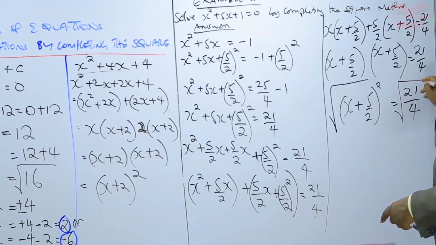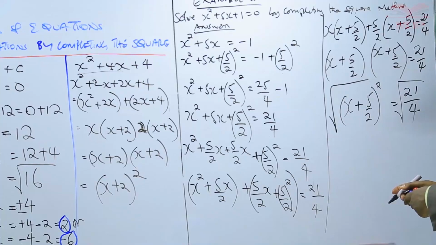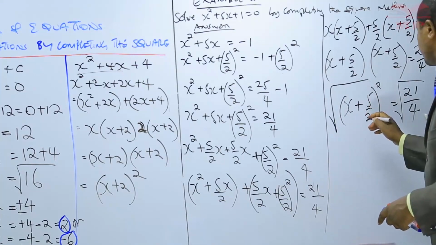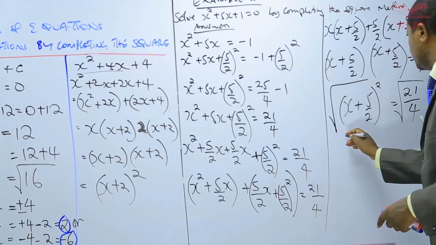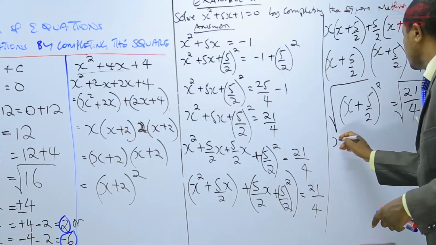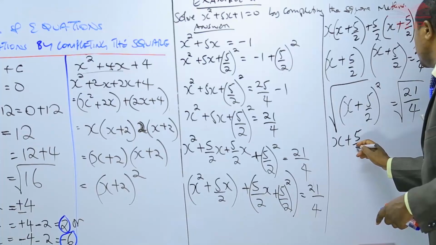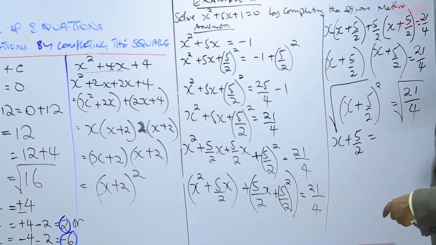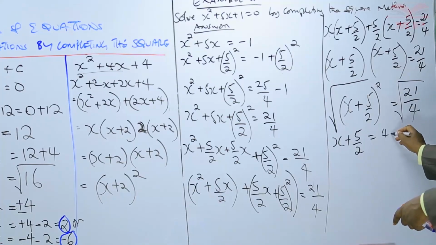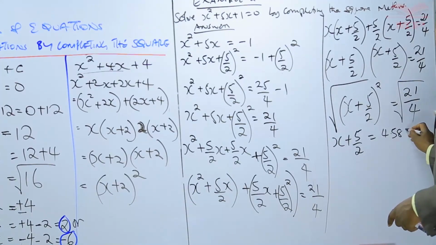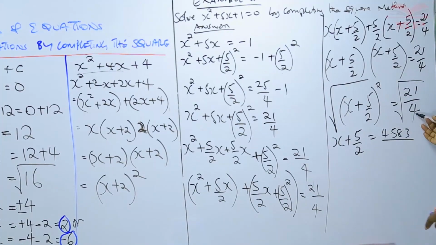Square root on both sides. The square root of x plus 5 over 2 squared is x plus 5 over 2. The square root of 21 is 4.583. The square root of 4 is 2.